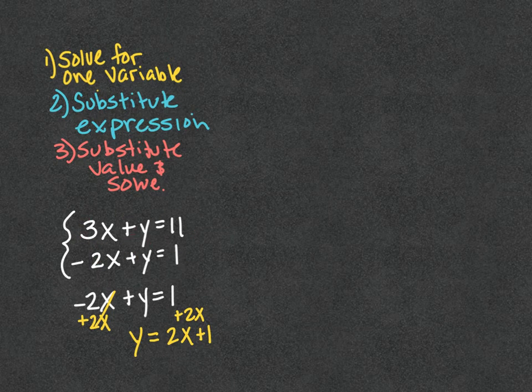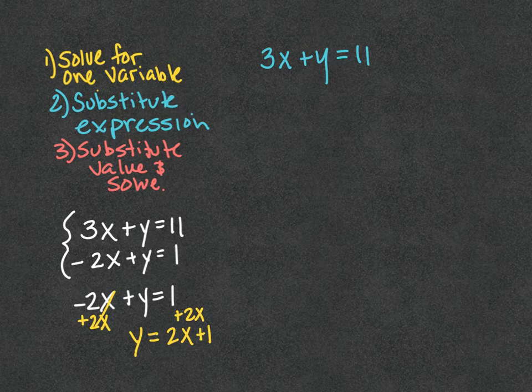So this is step 2. I'm going to take the equation 3x plus y equals 11, that first equation here. But in place of y, I'm going to substitute this because it says y equals that.